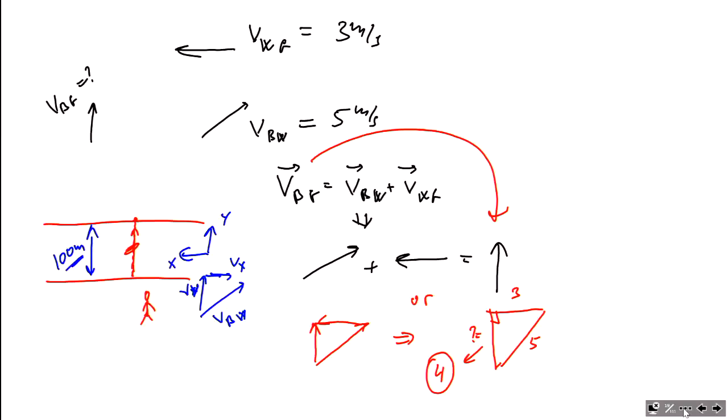This component has nothing to do with crossing. It is responsible for horizontal left-right motion. Only this component is responsible for traveling across, and that component equals 4 because we found it. It is equal to the magnitude of the speed.